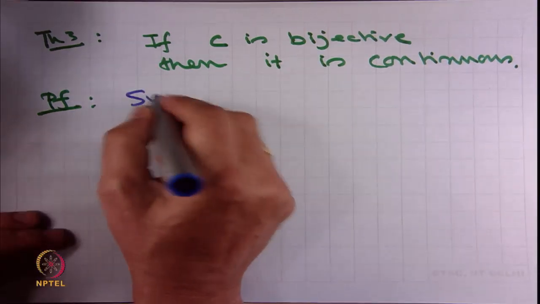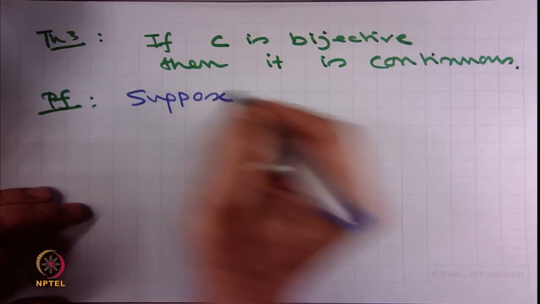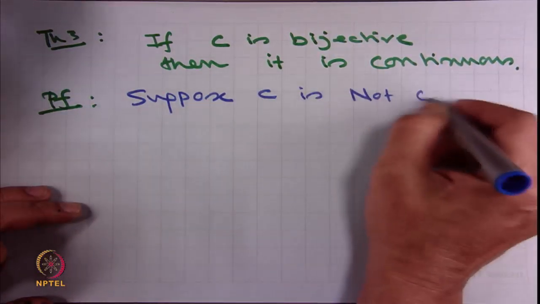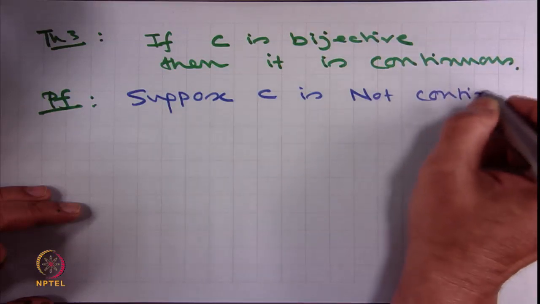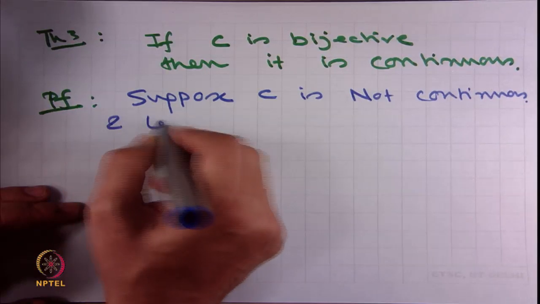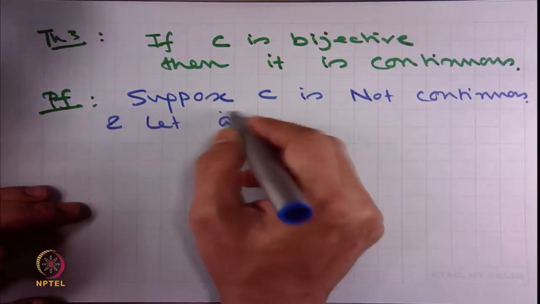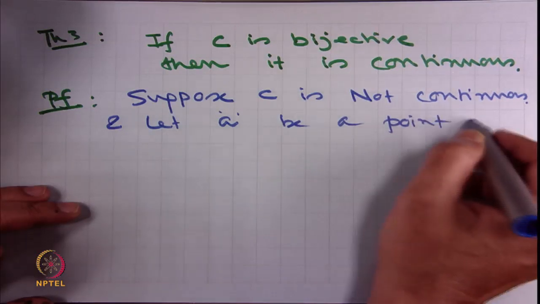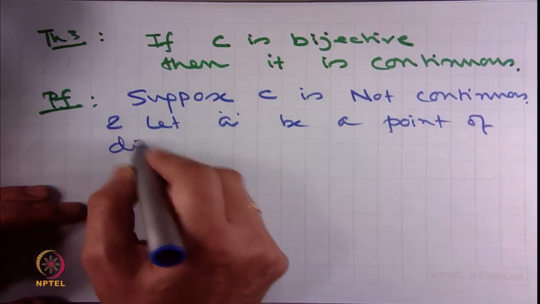Suppose C is not continuous and let A be a point of discontinuity.